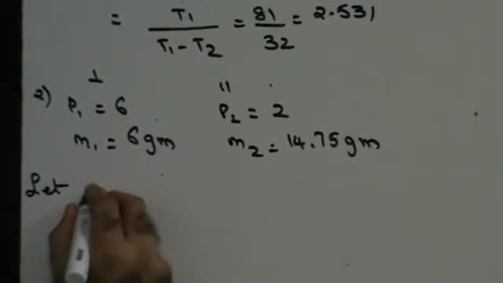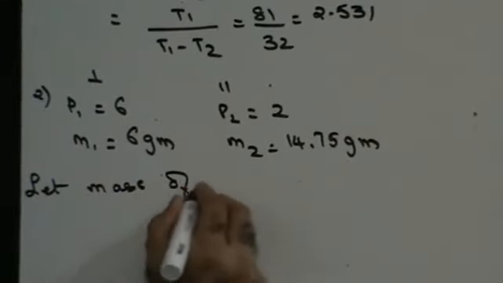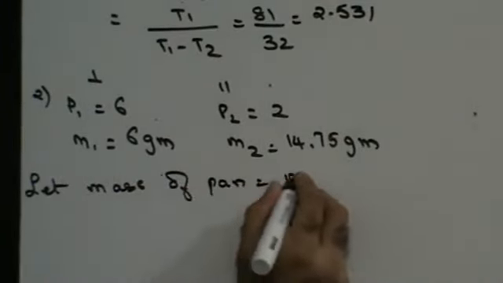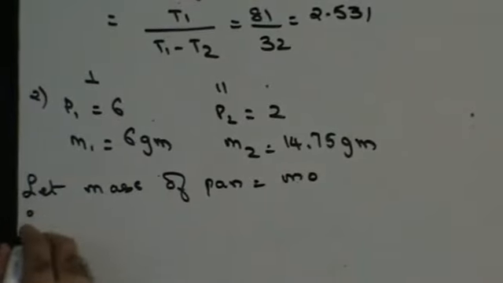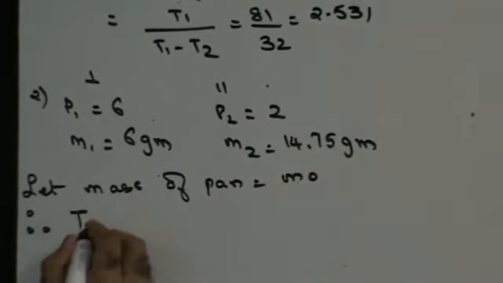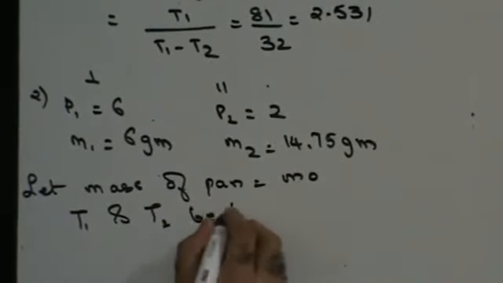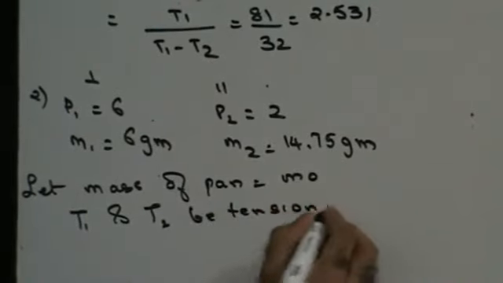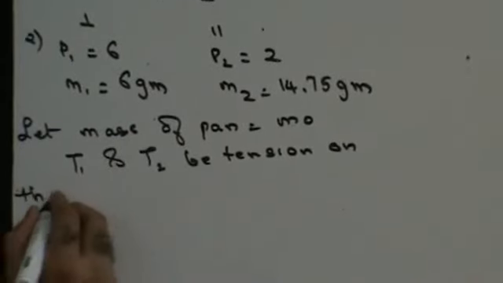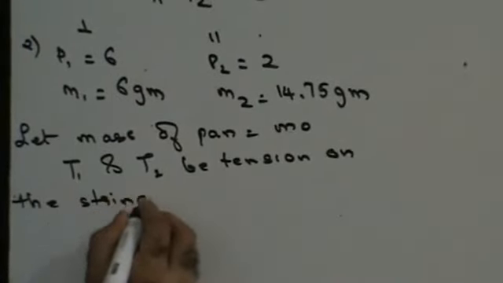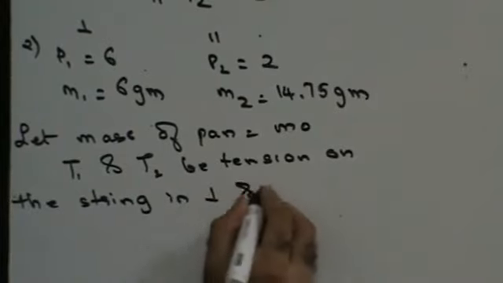Let mass of pan equal m0. Therefore, let T1 and T2 be the tension on the string in perpendicular and parallel position.